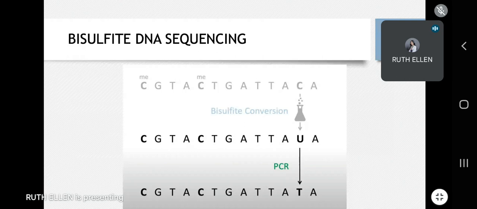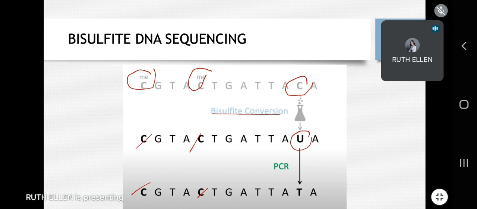Okay? So, in this case, we have two. No? So, methylated cytosine. Even if nag-add na tayo ng bisulfite, still cytosine. Okay? While in this case, yung mga unmethylated cytosine, they are converted to uracil, then eventually to thymine. Okay?